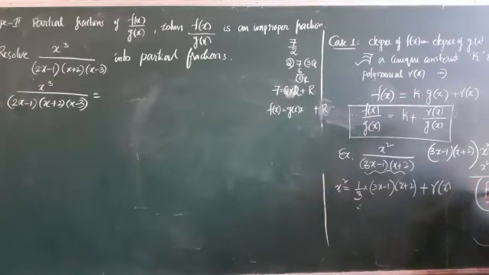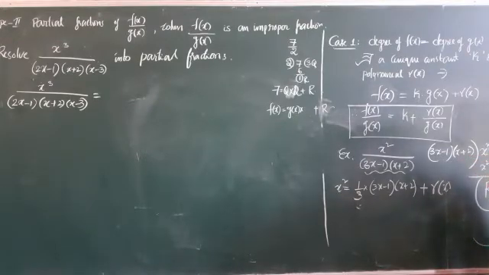And this r of x degree must be less than 2, right? Already the x square term gets cancelled, so definitely you will get less than 2. So the degree of r of x is less than the degree of g of x.